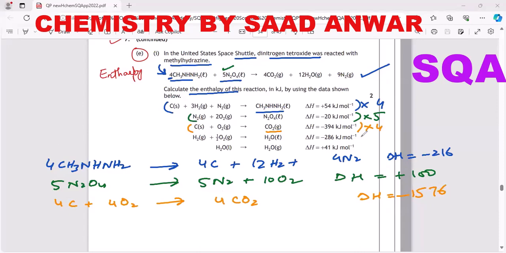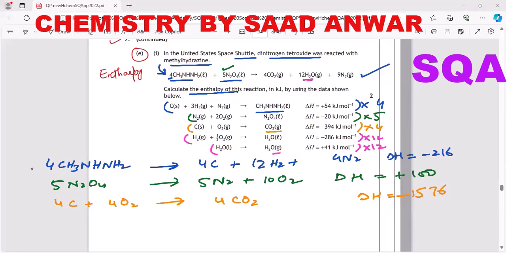Now, guys, these two equations. We multiply this equation by 12 because we have 12 molecules. This is gaseous, here we have liquid, so we need to multiply this equation by 12 as well so that we can have 12 moles of gases.